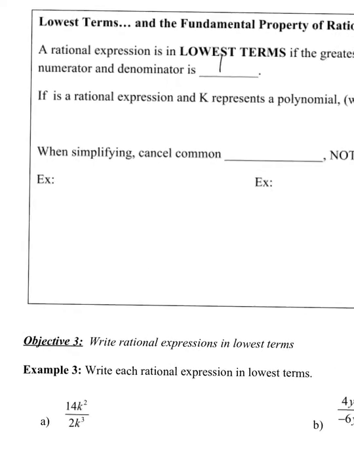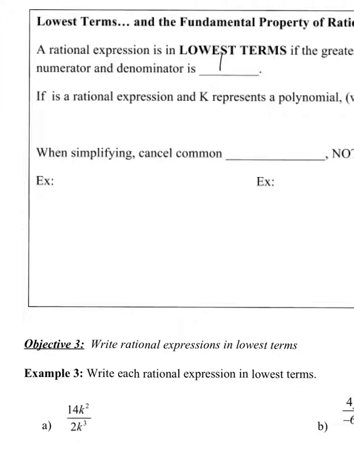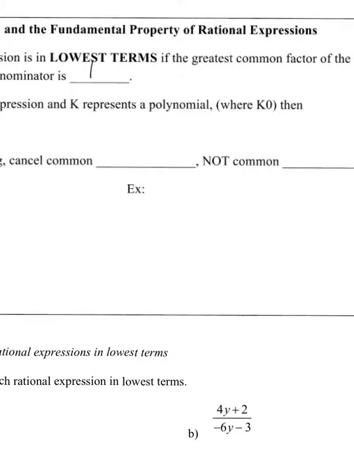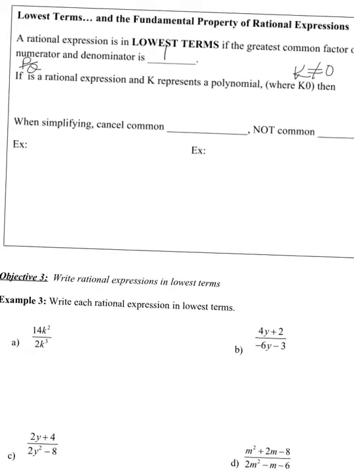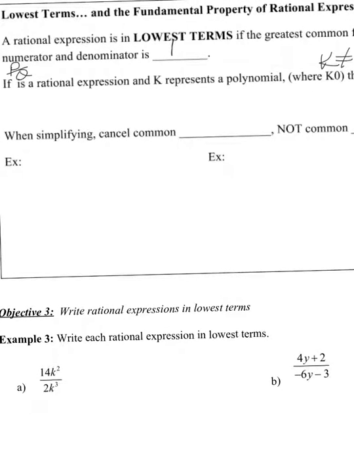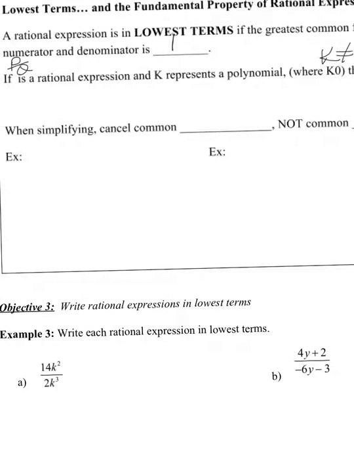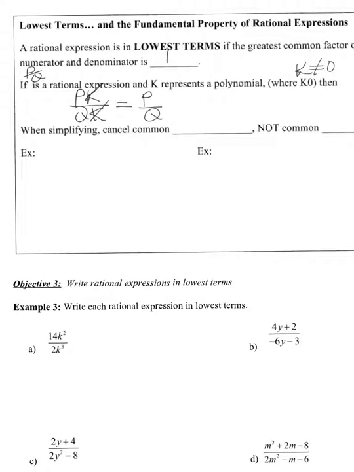Here your sheet looks a little bit different than mine. This should say if P over Q is a rational expression, and K represents a polynomial, where K does not equal 0, then P times K over Q times K, which you already have written on your sheet, equals P over Q. You can cancel out the common factors of K. Now when you're simplifying rational expressions, this is really, really important.